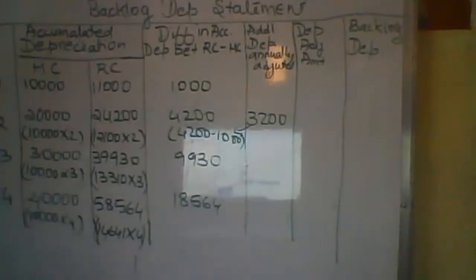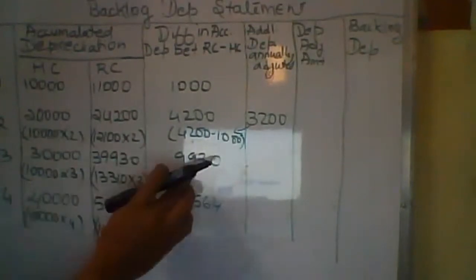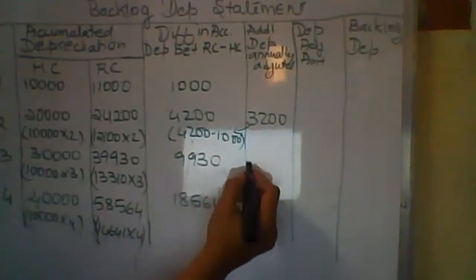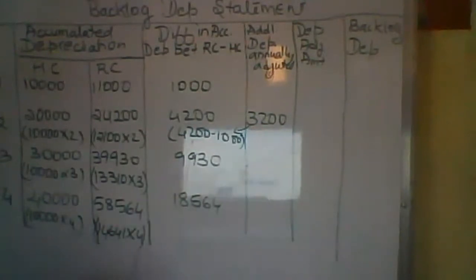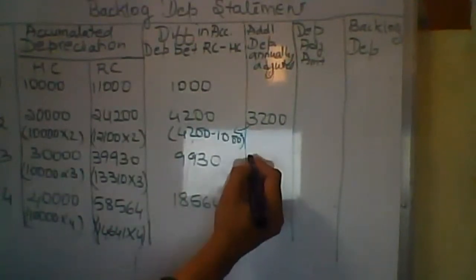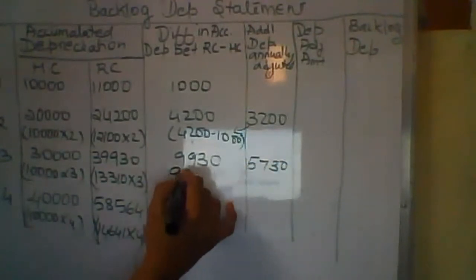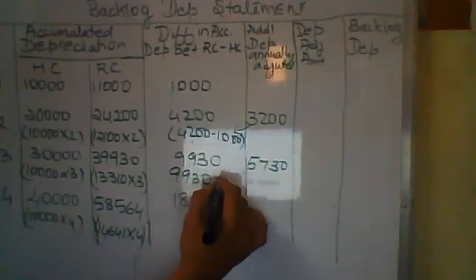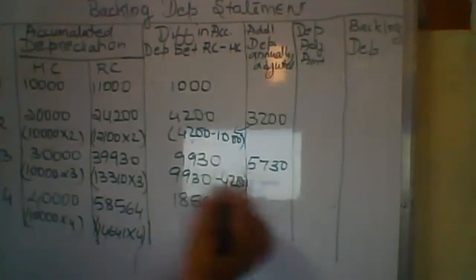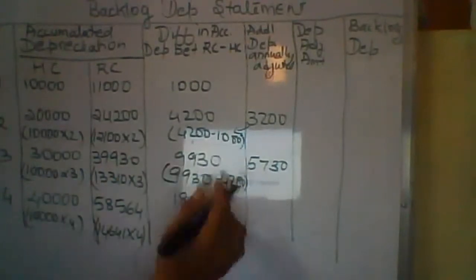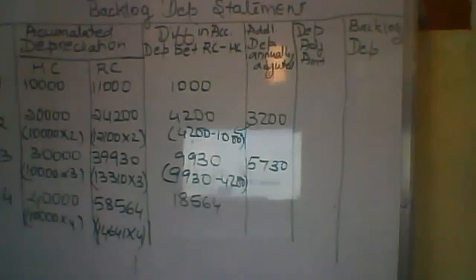Second year total accumulated is 4,200. Third year is 9,930 minus your 4,200. How? 9,930 minus already 4,200 adjusted.